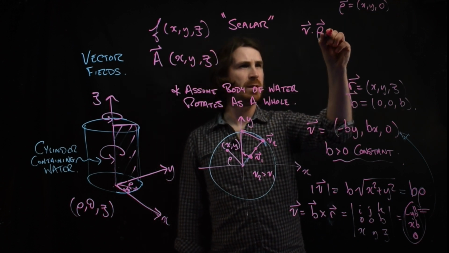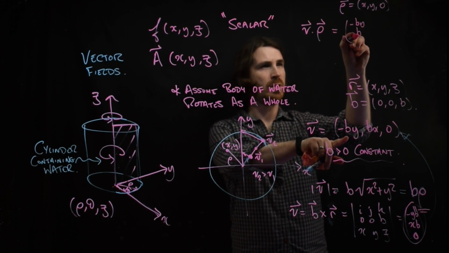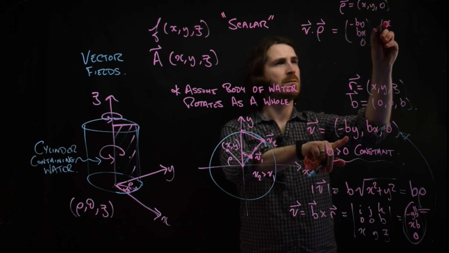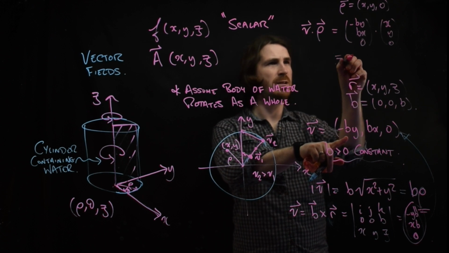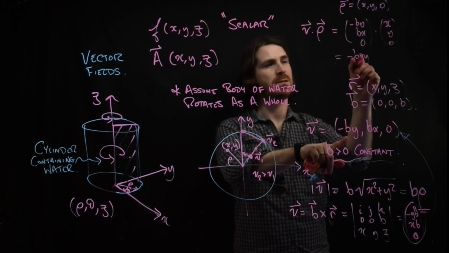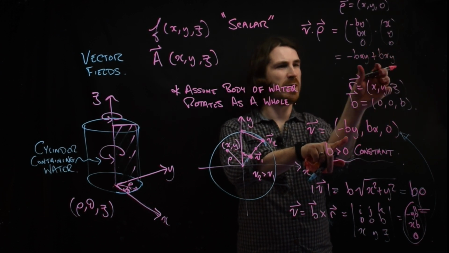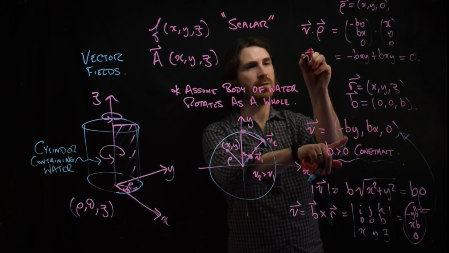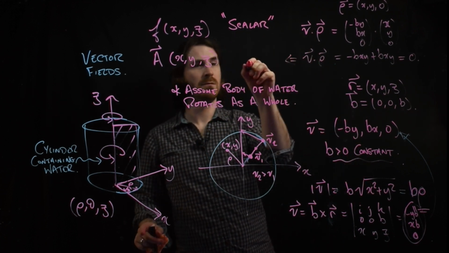Then v is minus by, bx, 0 dotted with rho x, y, 0, which is minus bxy plus bxy plus 0. And minus bxy plus bxy equals 0. So v is perpendicular to rho.